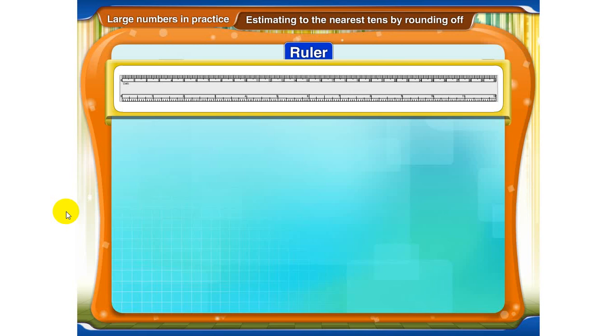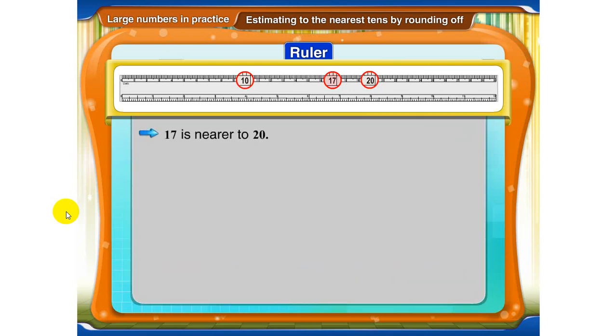Locate the numbers 10, 17 and 20 on your ruler. Is 17 nearer to 10 or 20? 17 is nearer to 20 because the gap between 17 and 10 is 7 and the gap between 17 and 20 is 3.